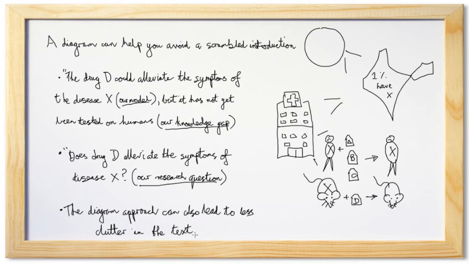You're only adding in the information that is necessary to help the reader to understand and identify with your hero, your model. So when researchers draw the context, my experience is that they become much more choosy. In their drawing, they only tend to add in what is relevant. And when they come to write, this drawing helps them translate their work to a more streamlined, less scrambled introduction.